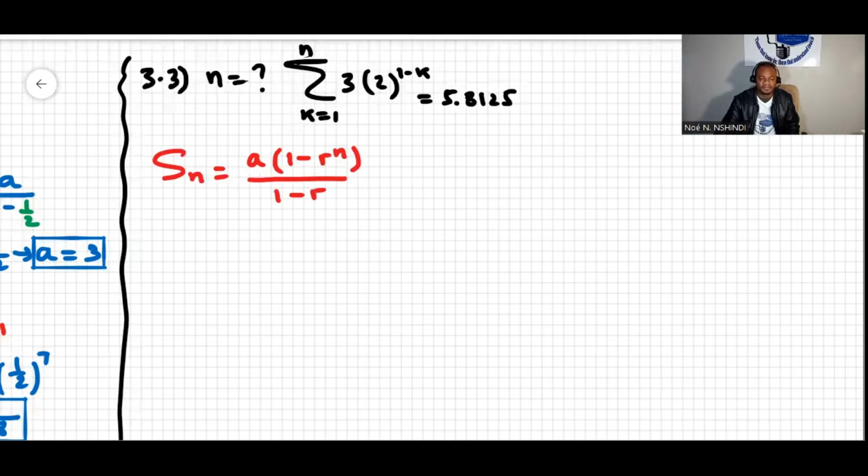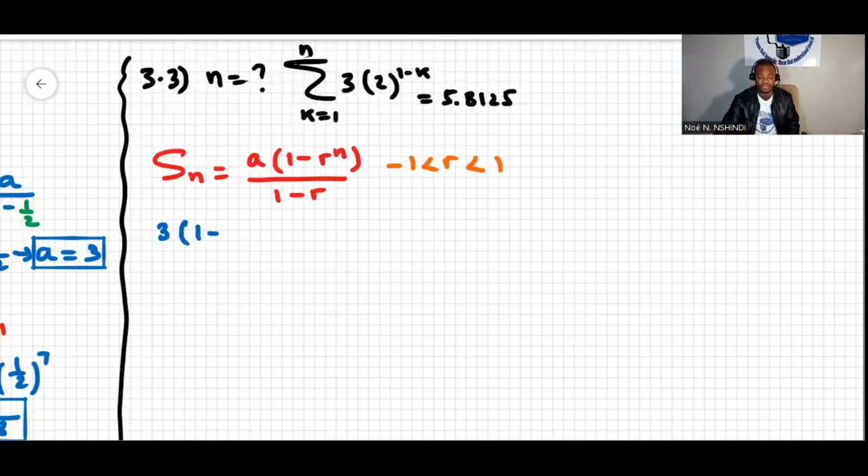Then this sum will be: a, we found the first term a was equal to 3, open brackets 1 minus r, which is a half. I use this formula because r is between -1 and 1.